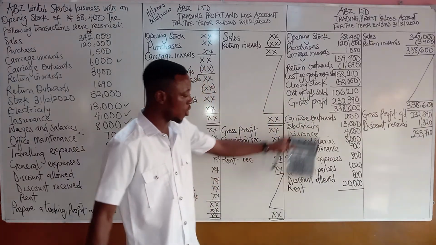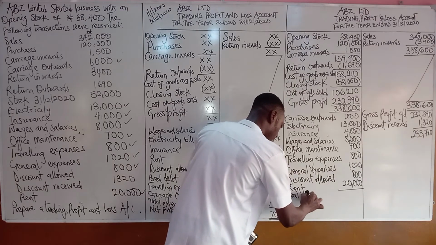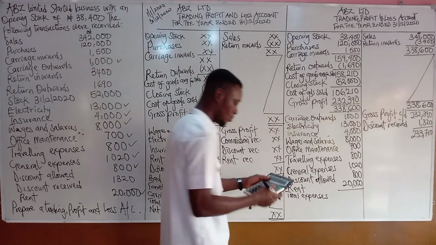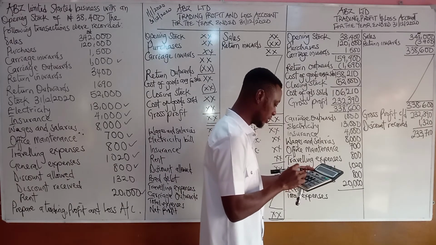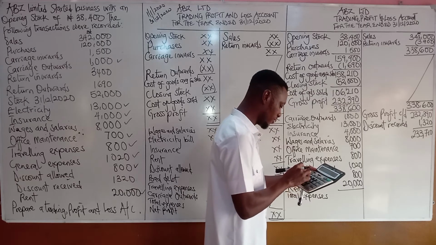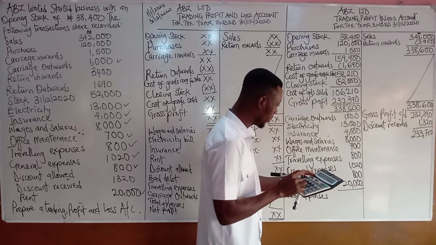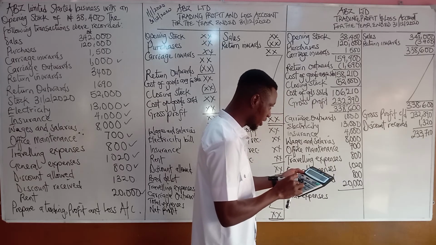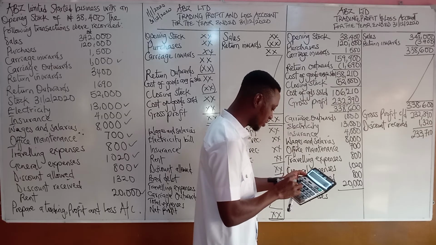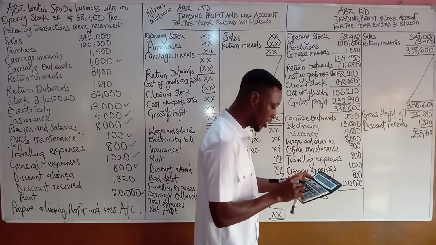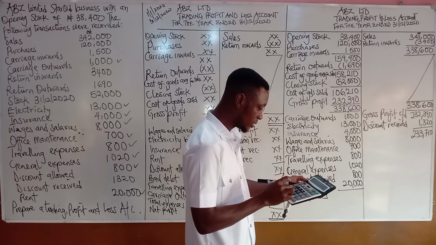Now I'm going to sum all of this. This can give me total expenses. I have 1,000 plus 13,000 plus 4,000 plus 8,000 plus 700 plus 800 plus 1,020 naira plus 800 plus 20,000.